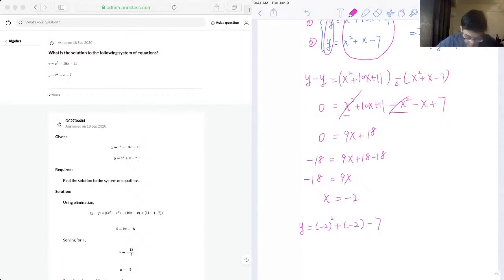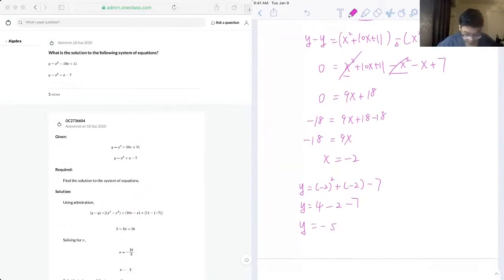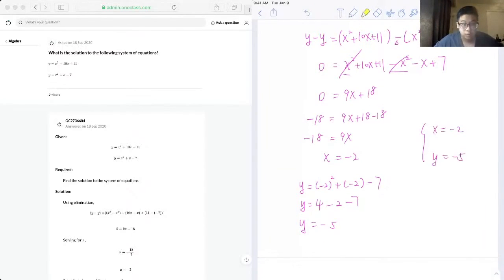So y is equal to 4 minus 2 minus 7, which gives y as negative 5, and x is negative 2, which is our final answer.